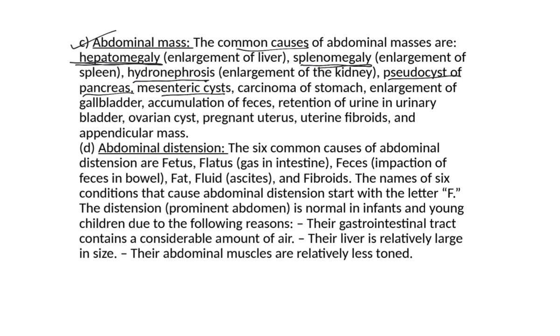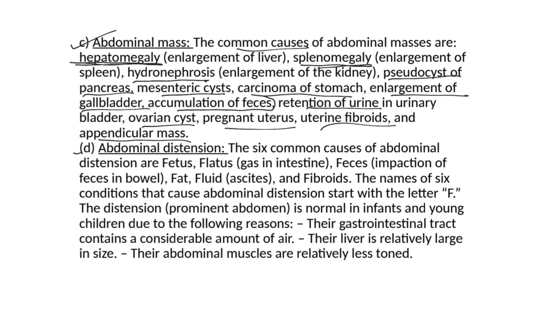Then mesenteric cyst, carcinoma of stomach and enlargement of gallbladder. Then accumulation of feces as well. In certain constipated patients, there is accumulation of feces which could also form an abdominal mass. Then retention of urine in urinary bladder, ovarian cyst, pregnant uterus, uterine fibroids and appendicular mass.